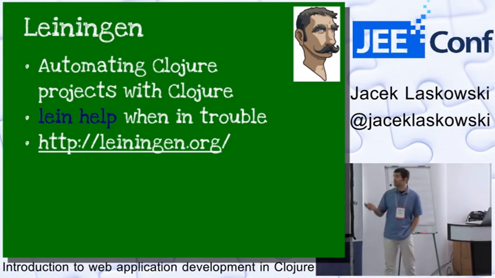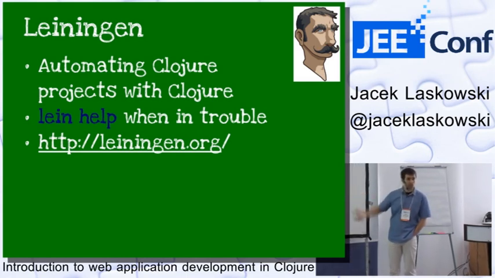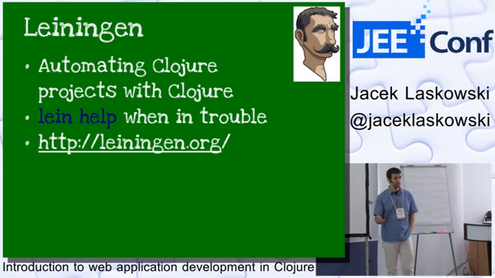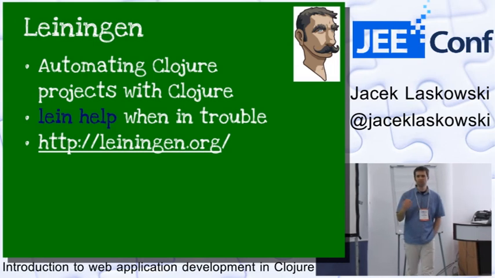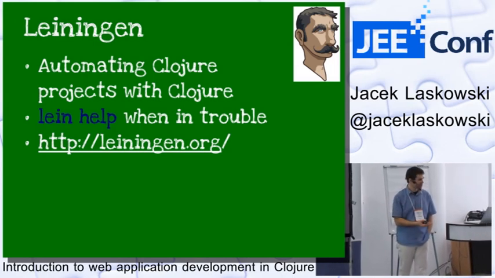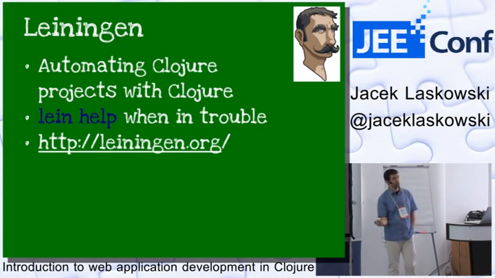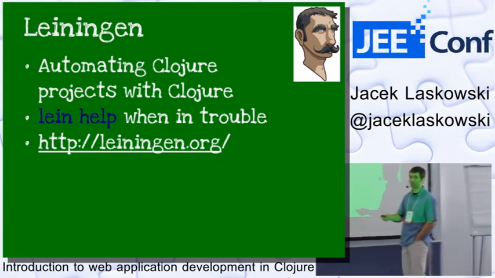So leiningen automates Clojure projects with Clojure. So it's like Gradle. In Scala we've got SBT. What else can I use as an example of a tool that's written in the language, and the configuration is written in the language I'm using in a project?